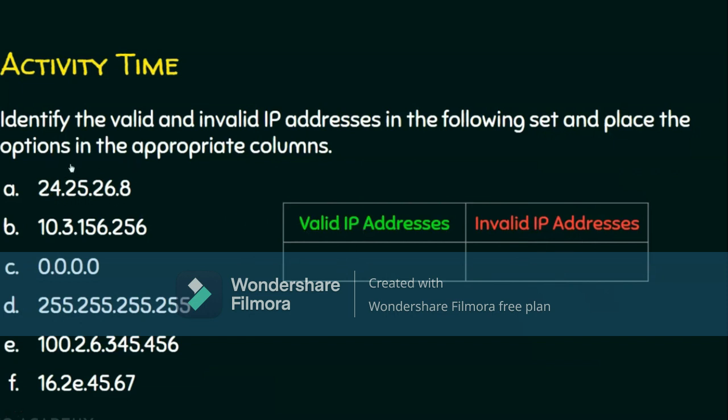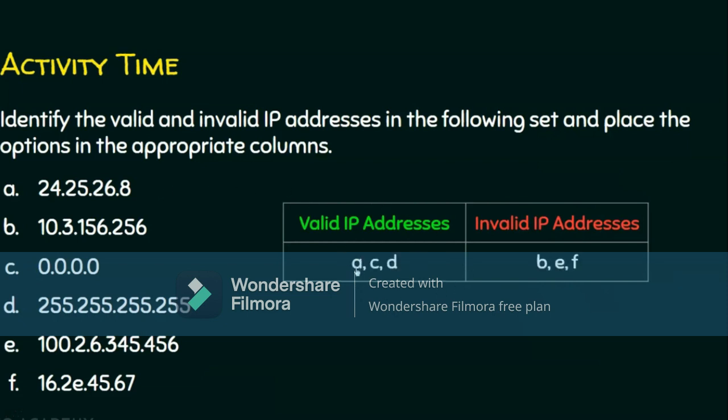Suppose you find A is a valid IP address, mark it as A here. And if you find B is an invalid IP address, mark B here. And you should know why they are valid and why they are invalid. Please pause this video for a while and make a note of your answer against the column. If you are done, compare your answer with the answer that I am depicting.